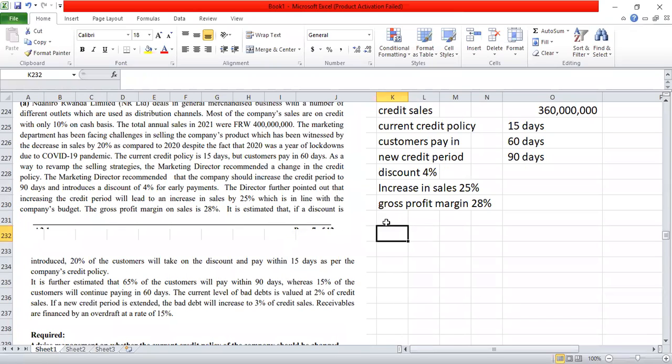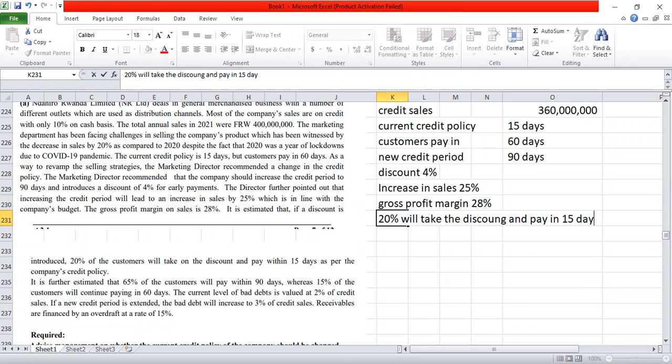It is estimated that if a discount is introduced, 20% of the customers will take the discount, meaning they pay within 15 days.